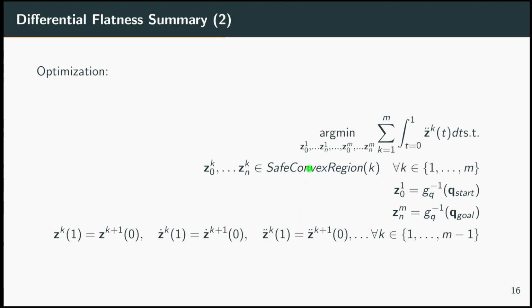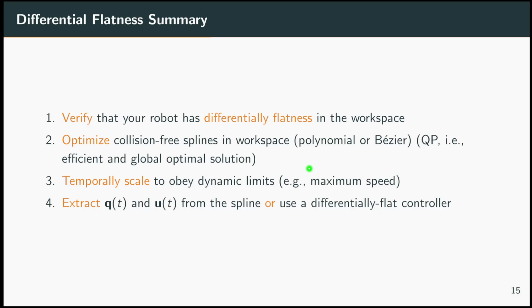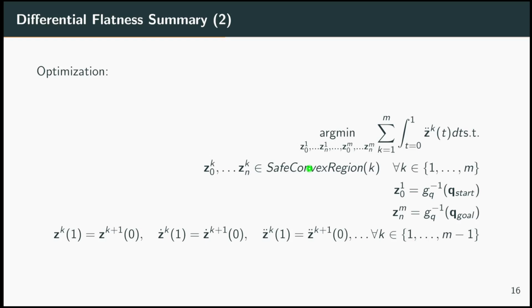Everybody clear on what the decision variables are? Yes? Like in the last step where we did this temporal scaling. The temporal scaling is always on the whole path, right? That's one problem, because if you just scale one of these segments, then you would violate these constraints here, right? Like this one is still fine, but this one will be violated.